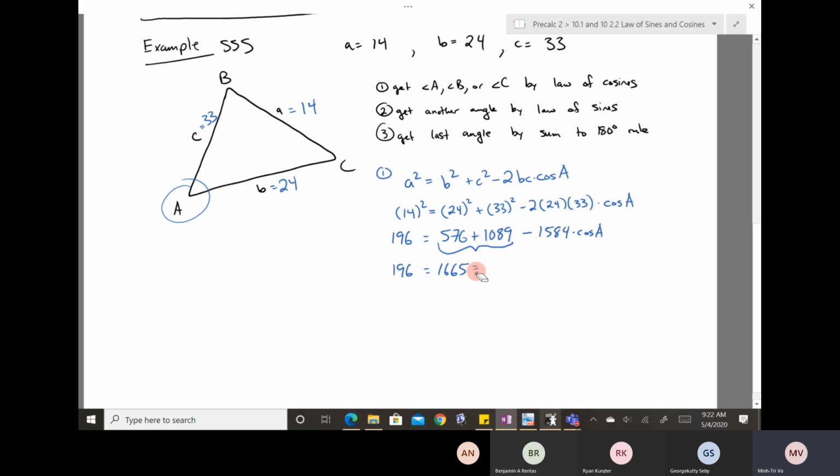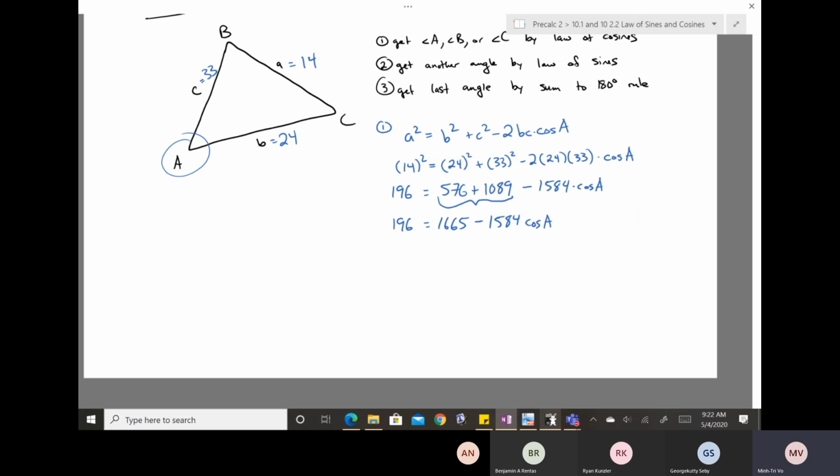And then you should think of this as a coefficient, so I need to subtract the 1665 over. So 196 minus 1665.